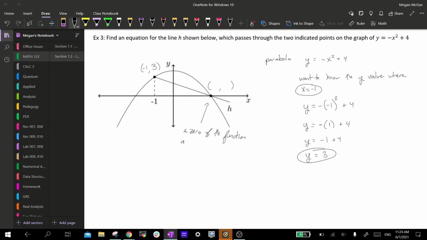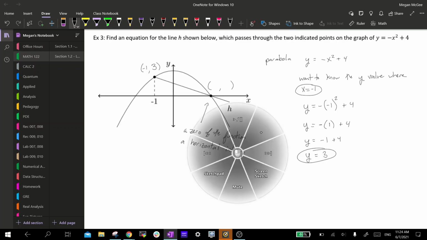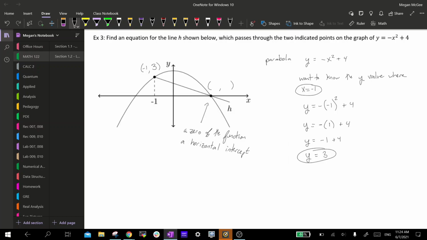Or a horizontal intercept? And what does that mean? So if the y-intercept, the vertical intercept, happens when x is 0, that must mean that the horizontal intercept, the x-intercept, must happen when y is equal to 0.